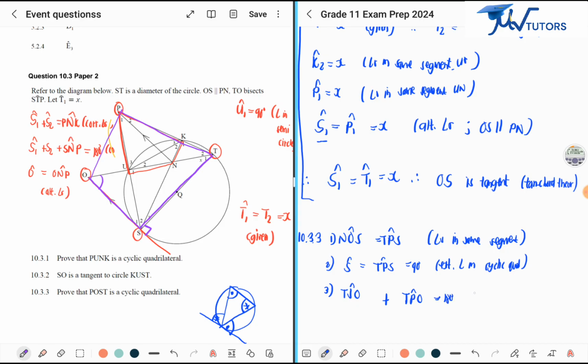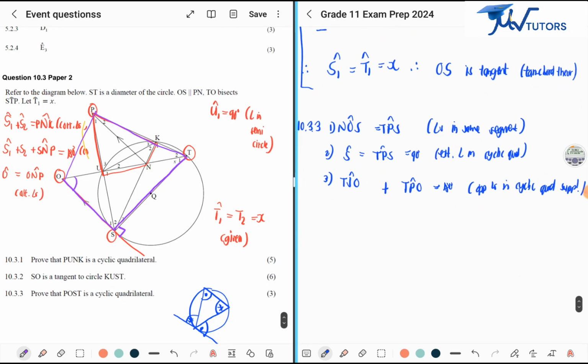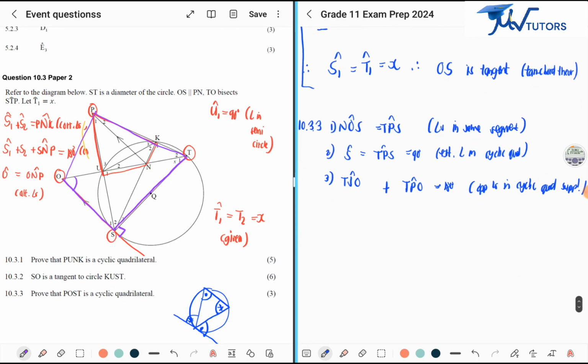So basically showing that angles are supplementary. Opposite angles in a cyclic quad, supplementary. Those are 3 ways I can show. Okay, how many marks is this? 3 marks. All right, so let's see then which one we can actually use.